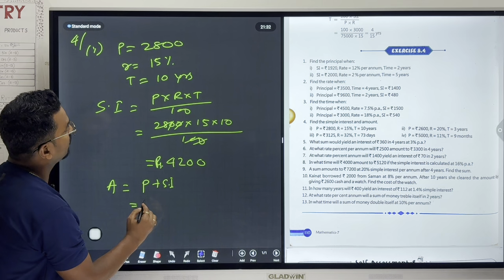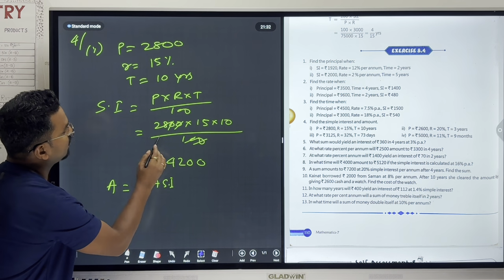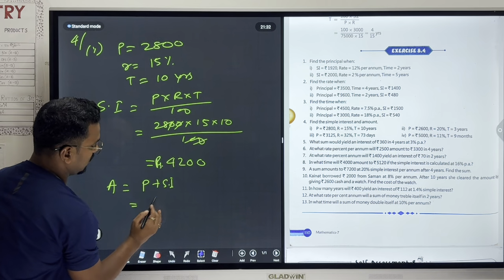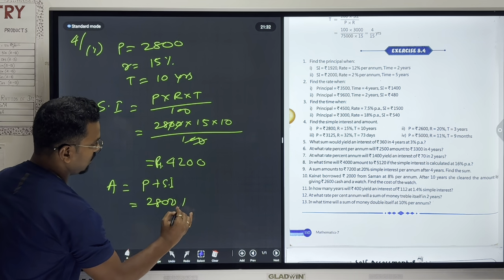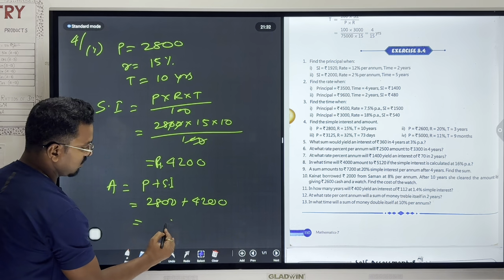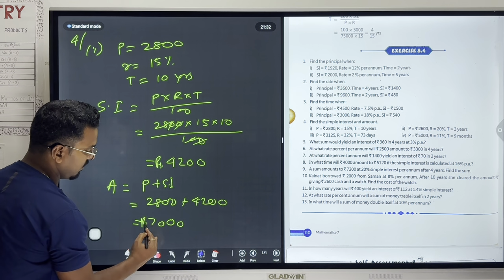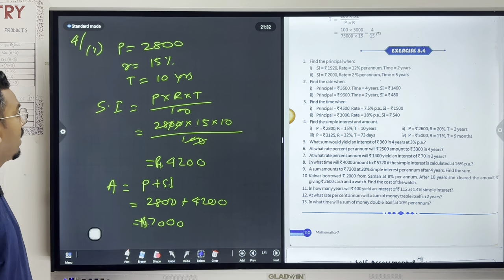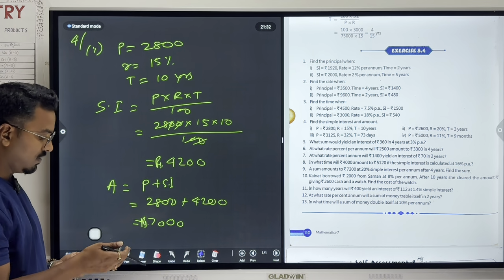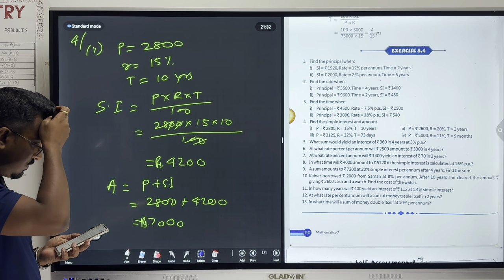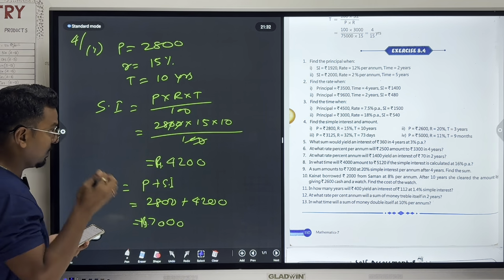Principal is 2800 plus 4200. So in return, how much will you get? This will become 7000 rupees. After 10 years you will get 7000 in return, if you pay 2800 rupees. Okay, clear?